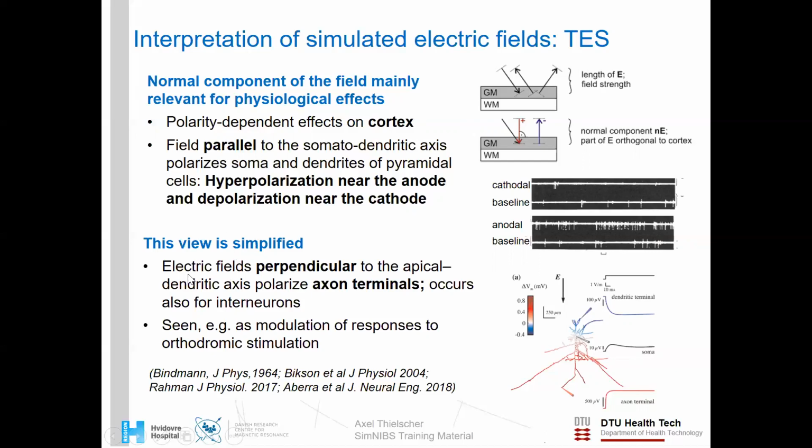We know that electric fields perpendicular to the neurons can also affect neural activity, likely by polarizing the axon terminals. So again, it might be interesting to explore not only the normal component, but also other components of the electric field.